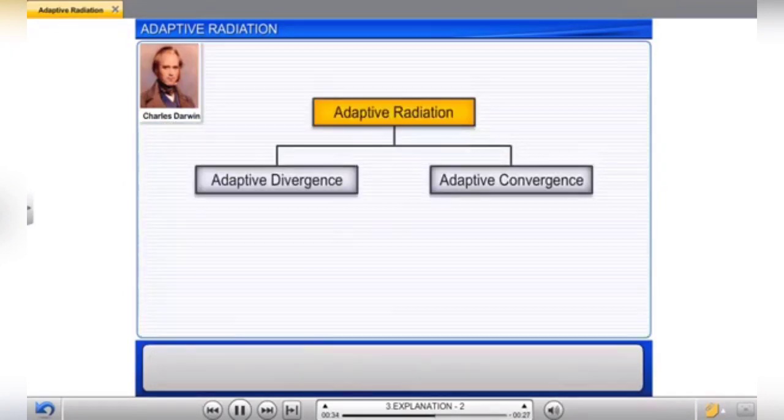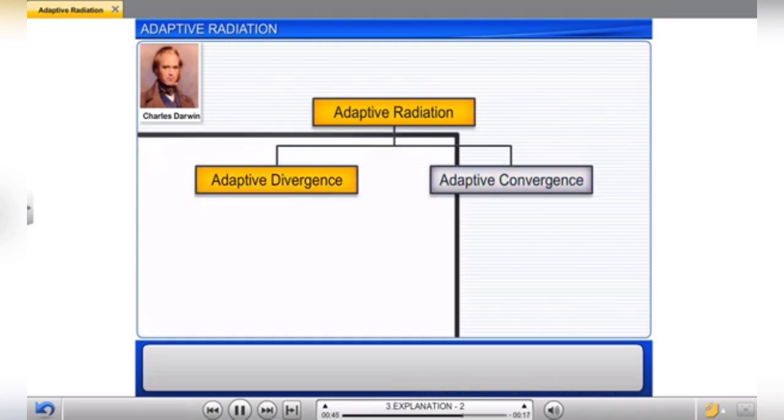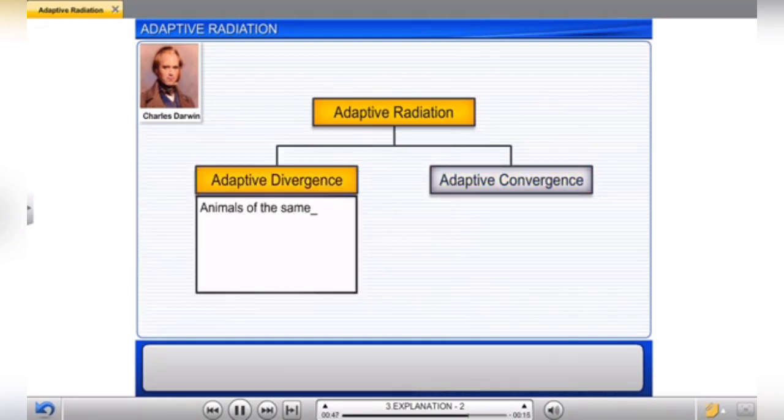Adaptive radiation is of two types: adaptive divergence and adaptive convergence. In adaptive divergence, animals of the same or closely related group exhibit great divergence in their morphology when found in a different habitat.